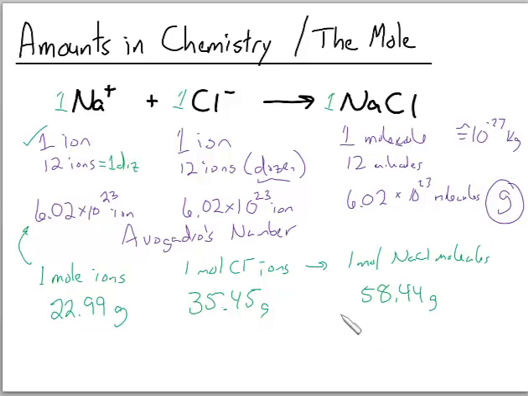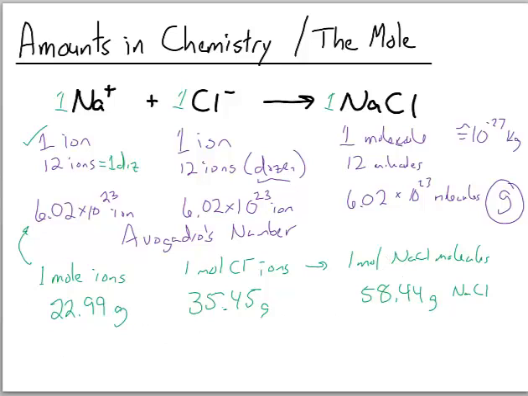Great. So now, Avogadro's number, 1 mole, and this mass that I'm writing out for each one, they're all related to each other. If I go into the laboratory and I weigh out exactly 58.44 grams of sodium chloride, I am going to have that many molecules, approximately, of sodium chloride, and I'm going to call that 1 mole of that substance.